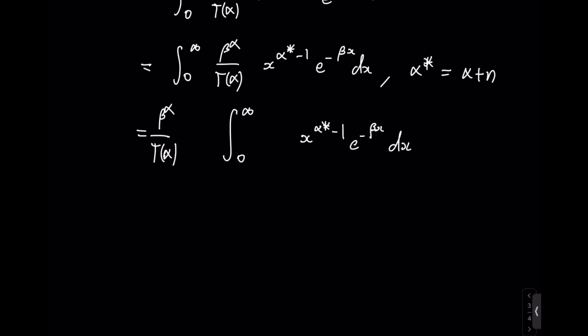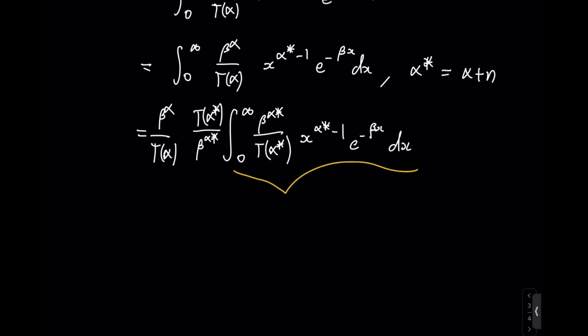That completed probability density function has to look like beta to the alpha star over gamma of alpha star. And then again, we multiply by the reciprocal of the scaling factor that we've just implemented inside the integral. Once again, this integral simply collapses to 1.